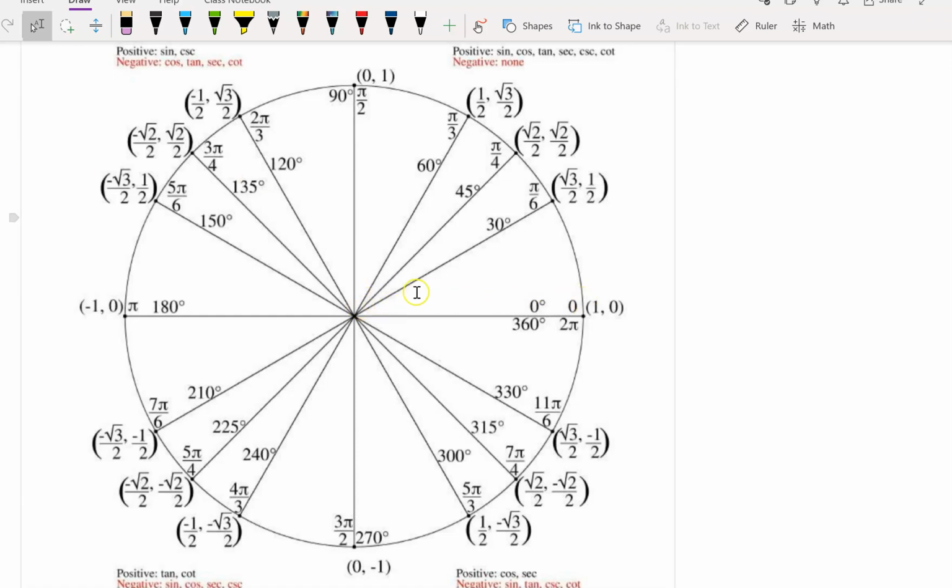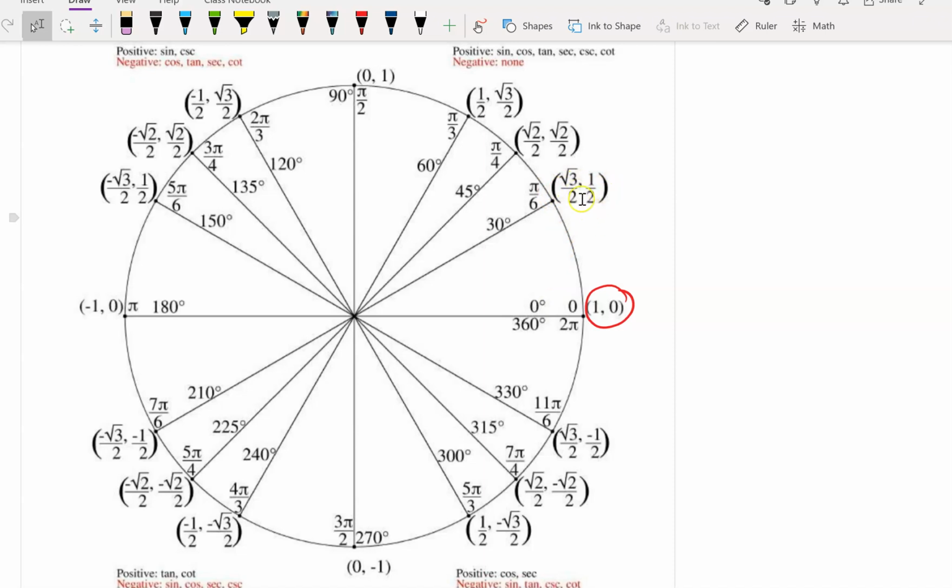So this length from where my pointer is pointing to here is 1, meaning this right here is the point (1, 0). But this point here is not going to be (1, 0). You're not going over the full 1 to get to that point. You're going over root 3 over 2 and up a half to get to that point.